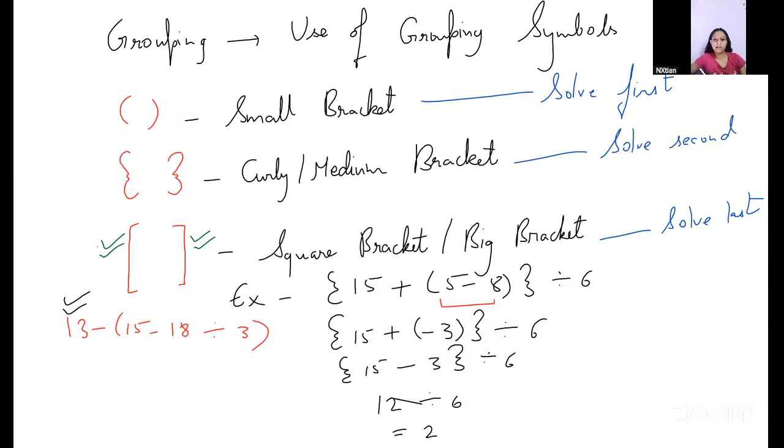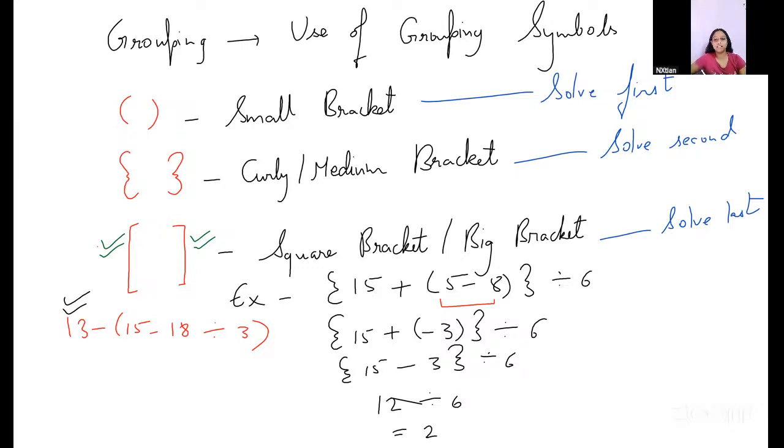Anna, how did you solve it? So I divided 18 by 3 and I got 6. And then I subtracted 15 from 6 and I got 9. And then I did 13 minus 9 and I got 4. It's correct, Anna.